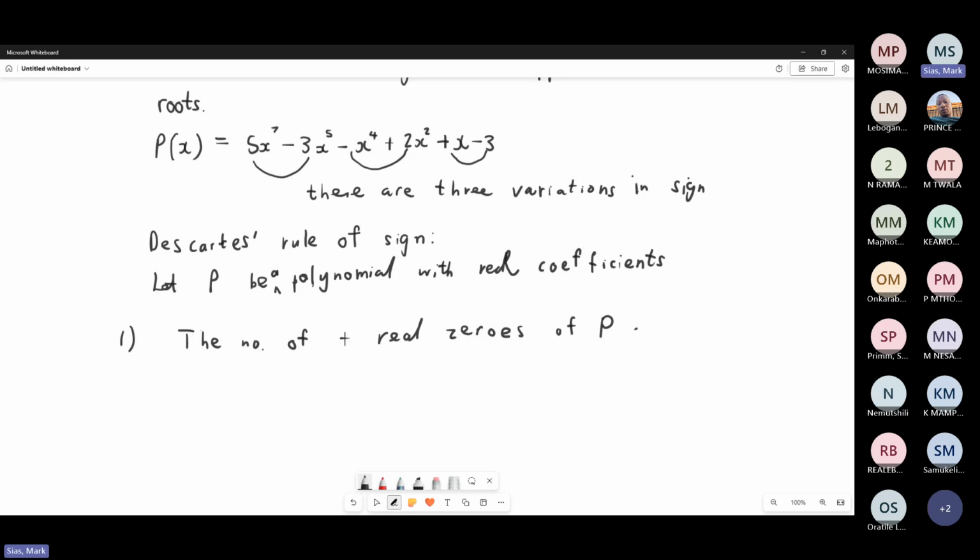either is equal to the number of variations in sign in P, or is less than that by an even whole number.